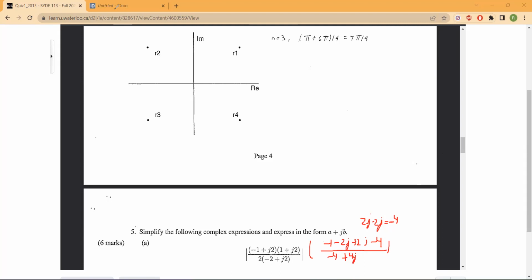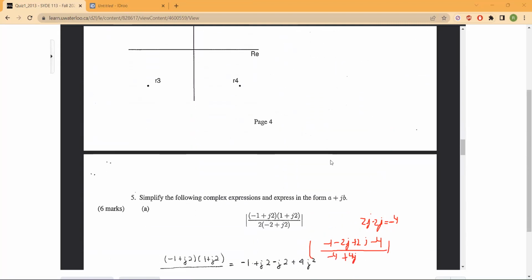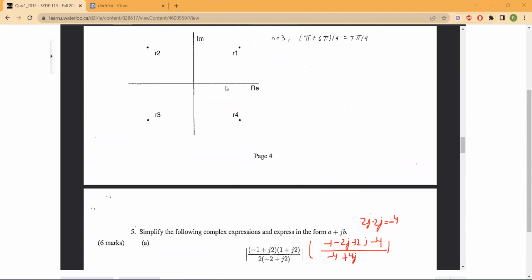Then if we continue, we need to simplify some stuff. That wasn't a good plan by me to put it right at the bottom. I could have put it up there, but I decided not to. So now you're going to have to look at my great arrow going right over here. Now if we simplify, the -2j and the +2j cancel out, so on top we get -5. So it's negative 5 over negative 4 plus 4j, and we're going to take the absolute value of this.